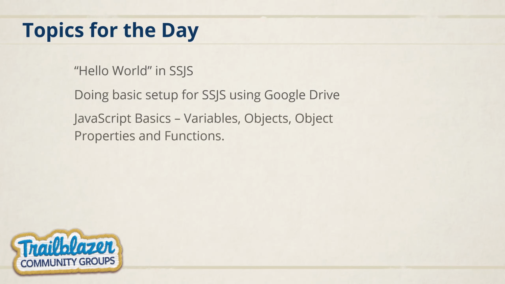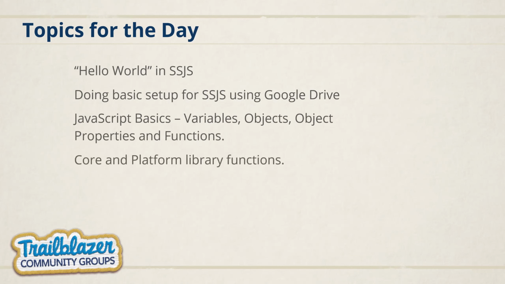Then we will cover some basic topics in JavaScript like variables, objects, object properties, and functions. These are very basic stuff that we really need to understand SSJS. And I'm not going to cover a lot of things on JavaScript. For that, I would highly recommend you watch some tutorials on that topic.